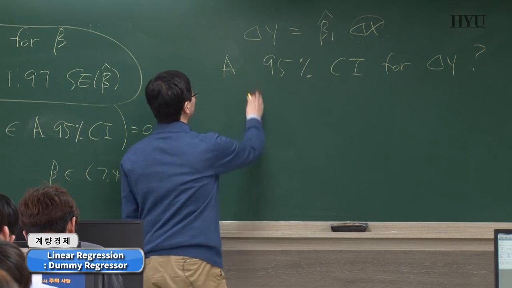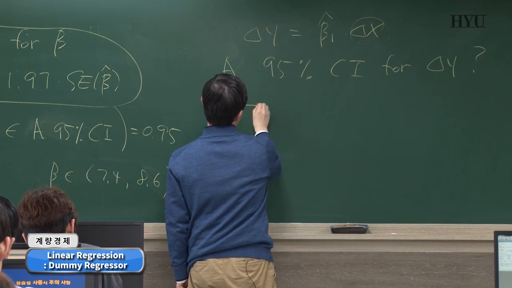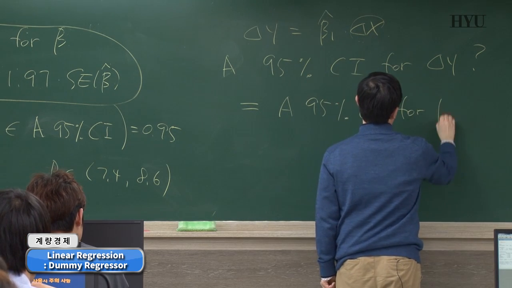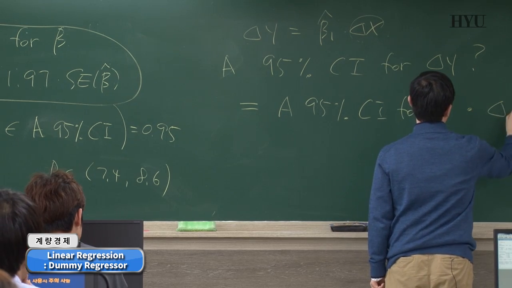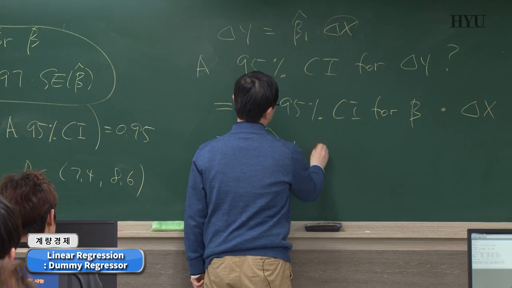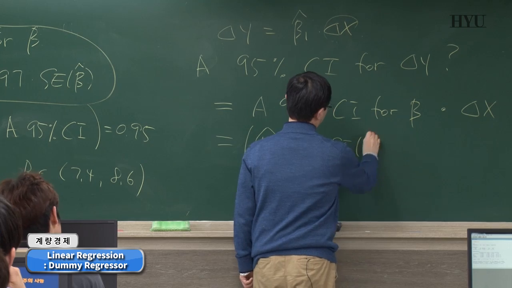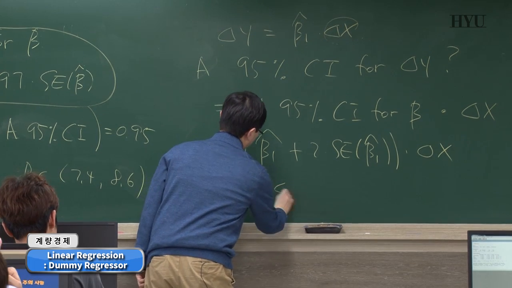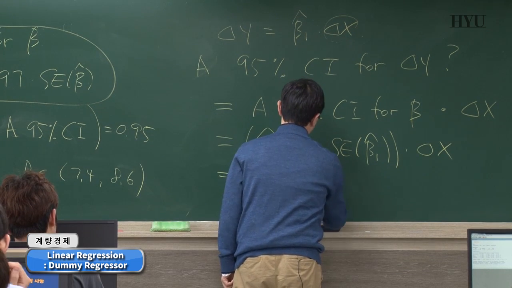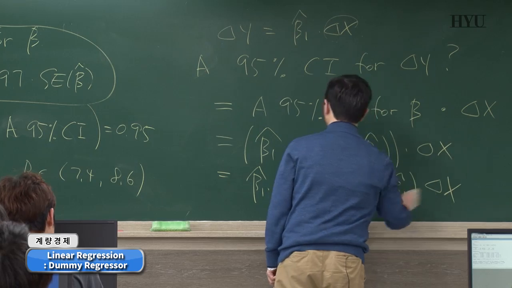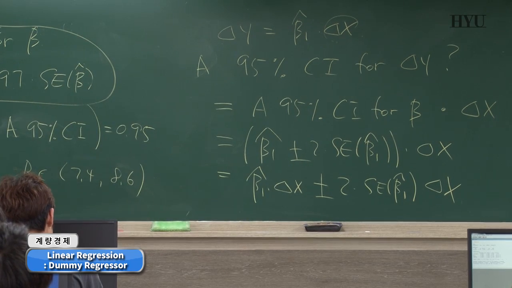So the confidence interval for the changes in y is a 95% confidence interval for beta times changes in x. So that's the confidence interval you're going to report to your customer.